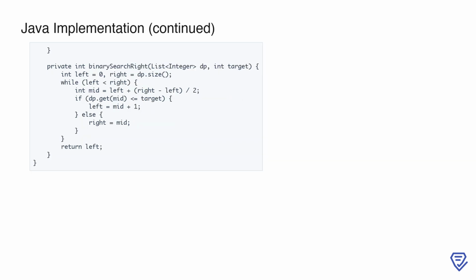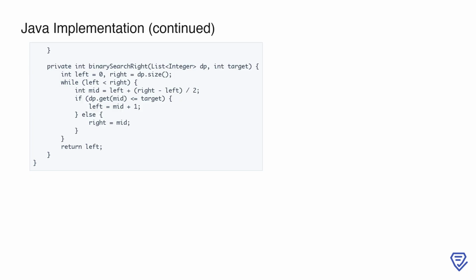The helper method binary search right is used to find the appropriate position in the dp list for the current obstacle. This method performs a binary search to locate the first position where the value in dp exceeds the target. The search is conducted within the range from left to right, and at each step, we calculate the middle index mid. If the value at mid is less than or equal to the target, we move the left pointer to mid plus 1.